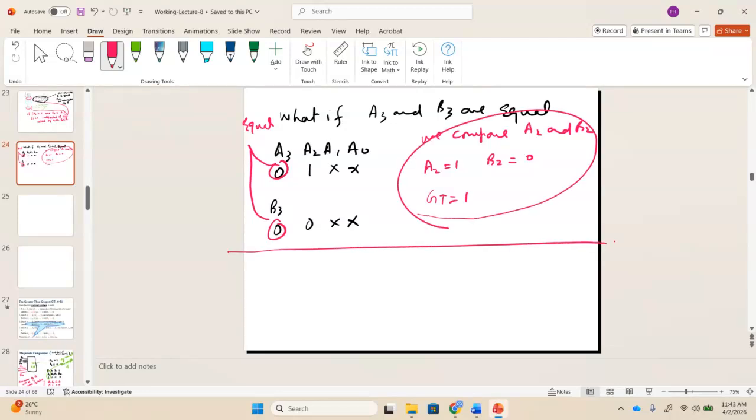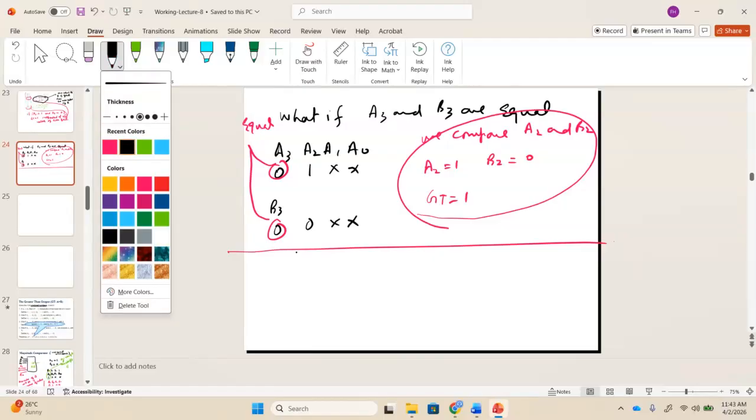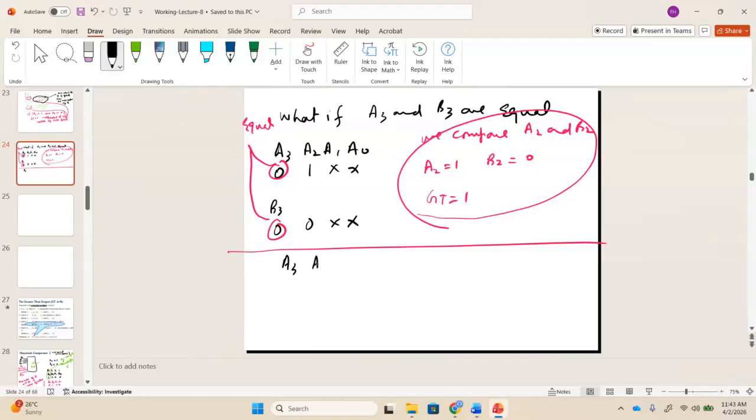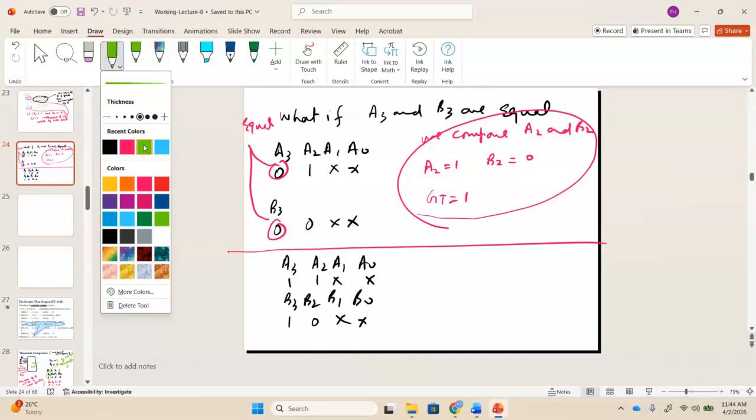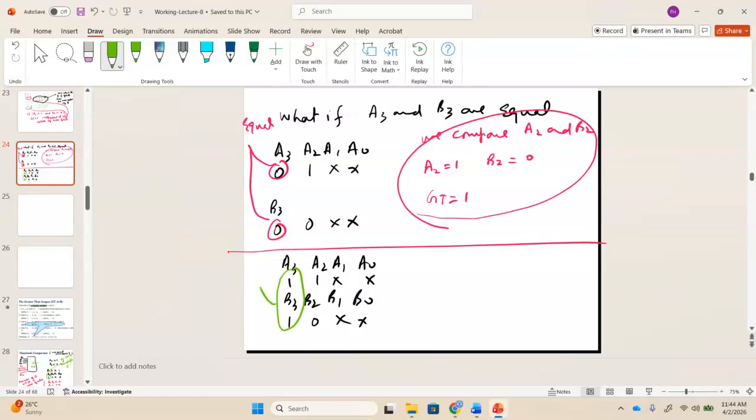Again, assume another scenario. Let's assume we have A3, A2, A1, A0 and B3, B2, B1, B0, and this value is 1, 1, X, X, and then it is 1, 0, X, X. Even in this scenario, A3 and B3 are equal.